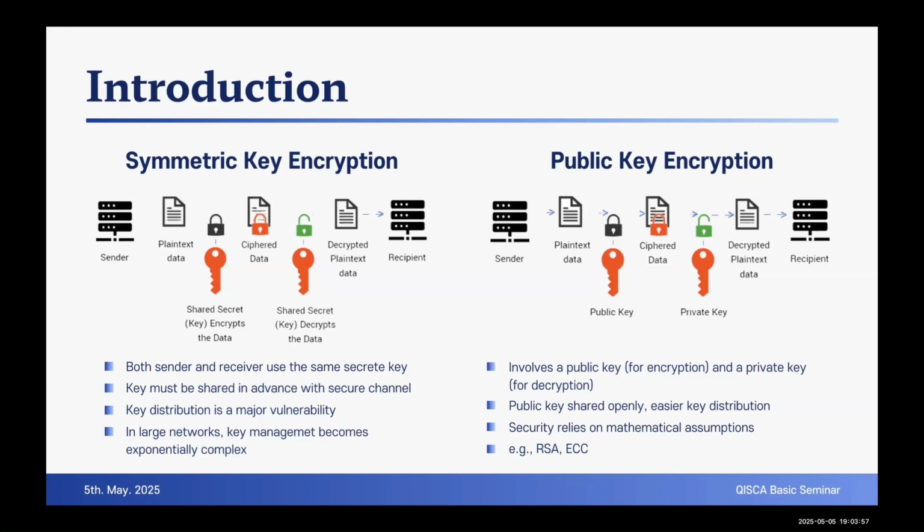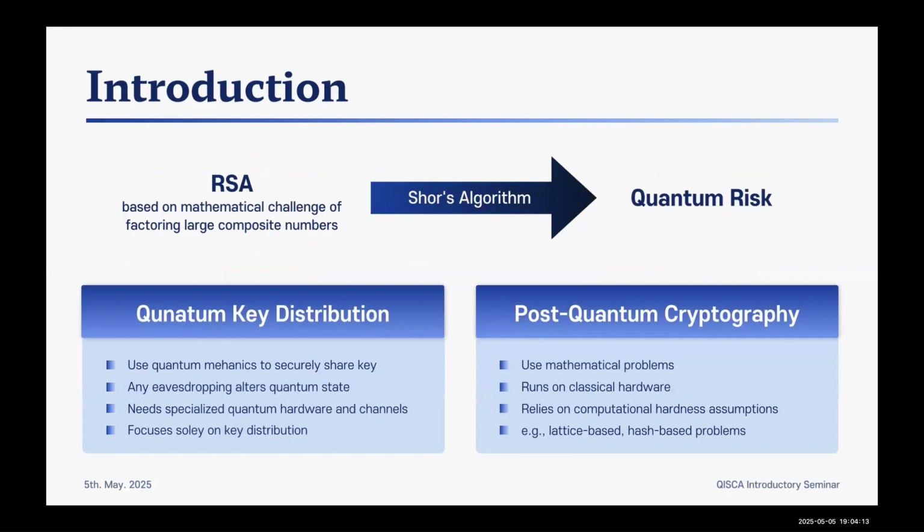Today, asymmetric methods like RSA are widely used. RSA is typically based on the mathematical difficulty of factoring large integers, and it's the dominant approach in modern communication systems.